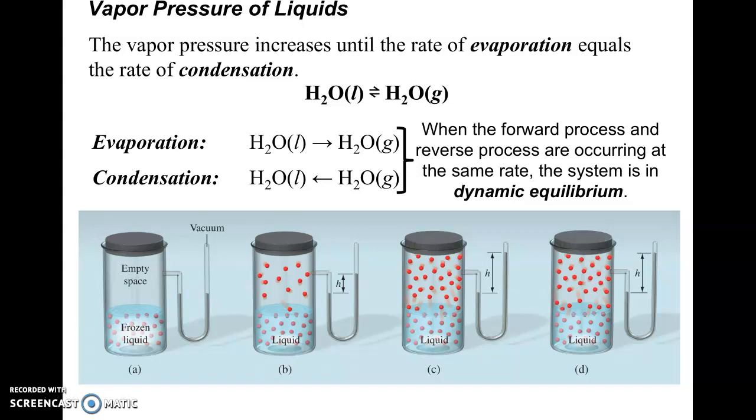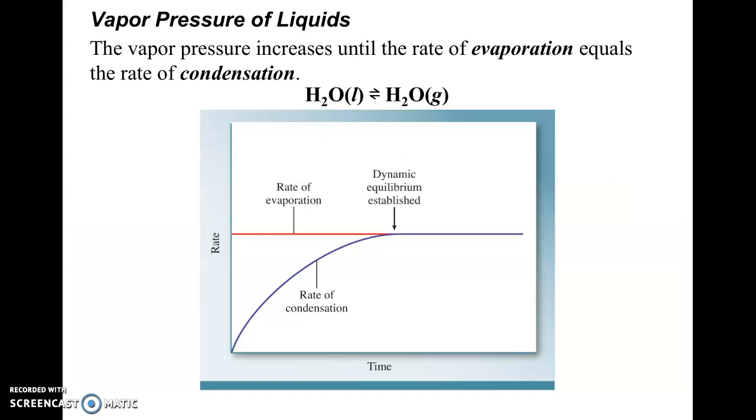We get more gases in the space above the liquid, and then that fourth picture is showing you that some of those gas molecules are coming back, and so it's a dynamic equilibrium.